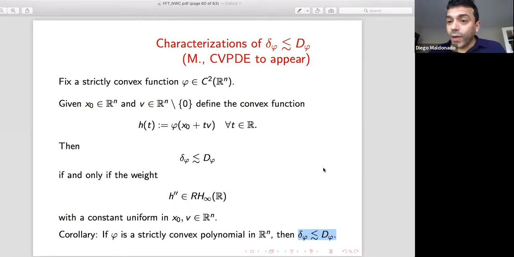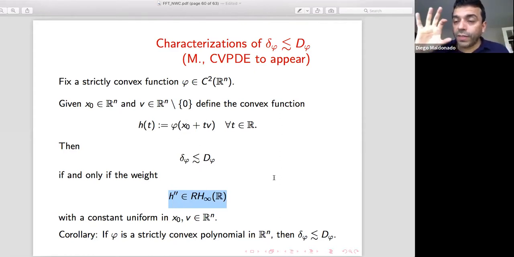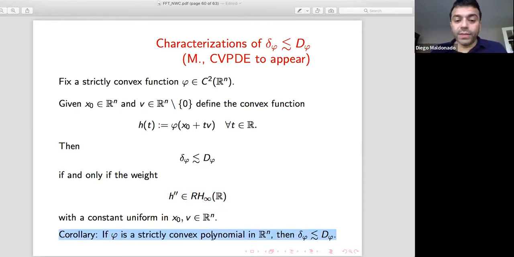And strictly convex polynomials have this property, the second derivative is going to be a strictly convex polynomial, and the constant does not depend on the coefficients. So that's how you get for free, essentially, that strictly convex polynomials will have this property, and they need not be radial again.